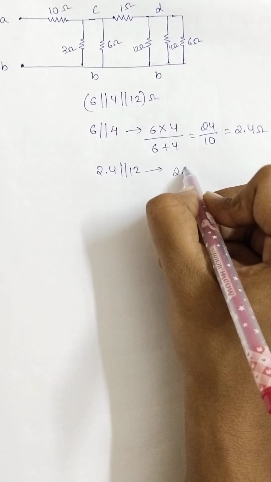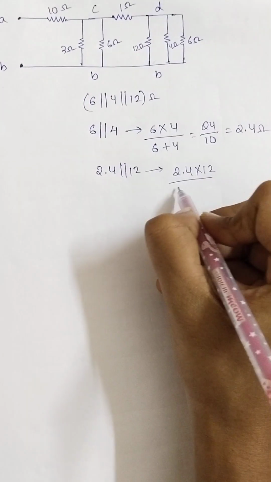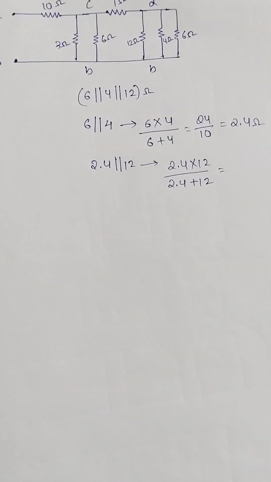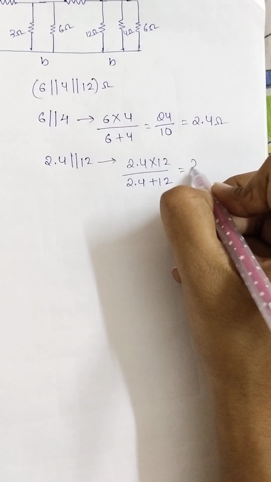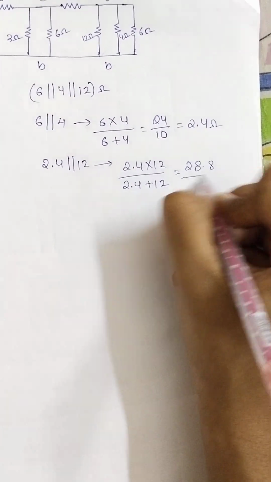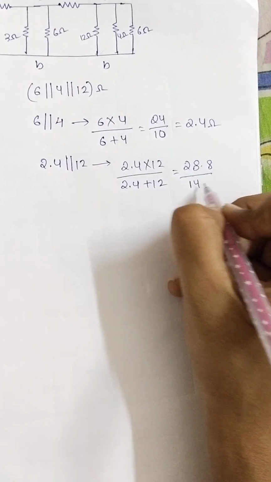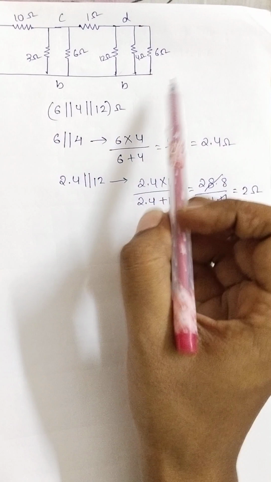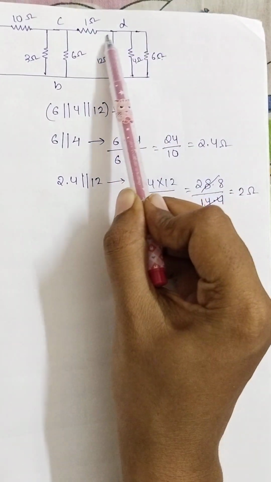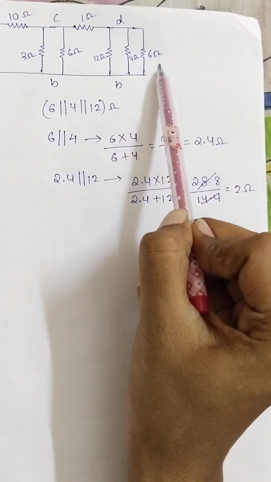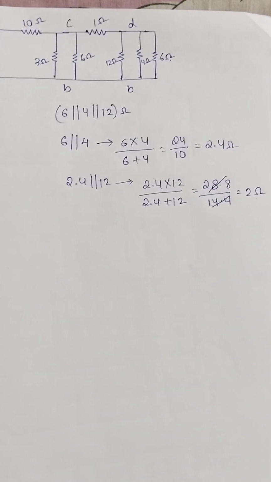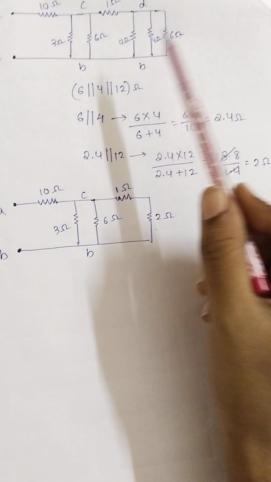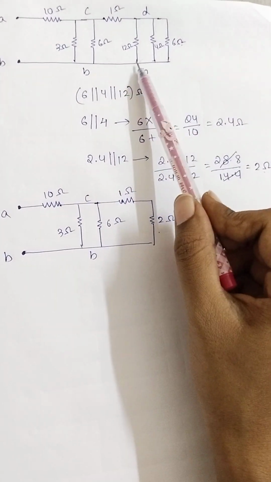So 2.4 into 12 by 2.4 plus 12, that is equal to 28.8 by 14.4, and this will become 2 ohms. So here it becomes 2 ohm. So here I replaced 2 ohms in place of 6 ohm, 4 ohm and 12 ohm as they are in parallel.